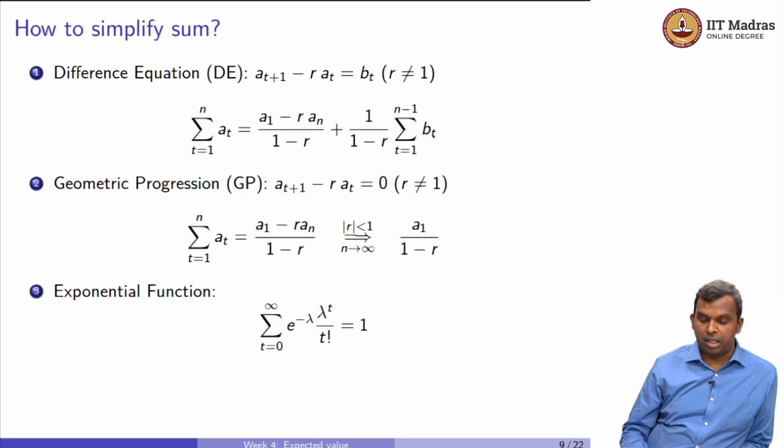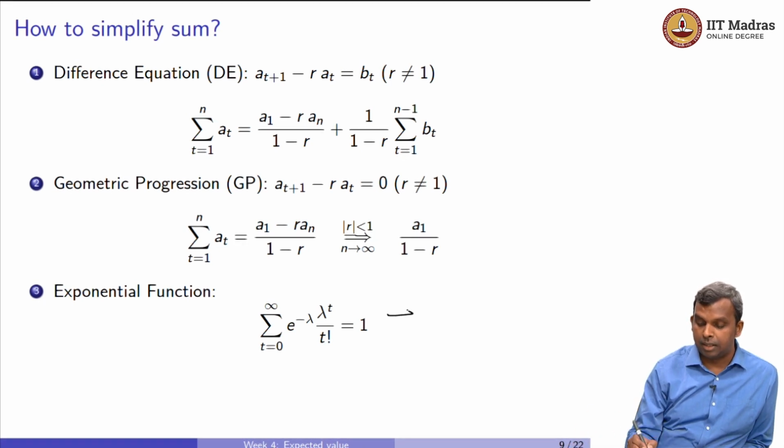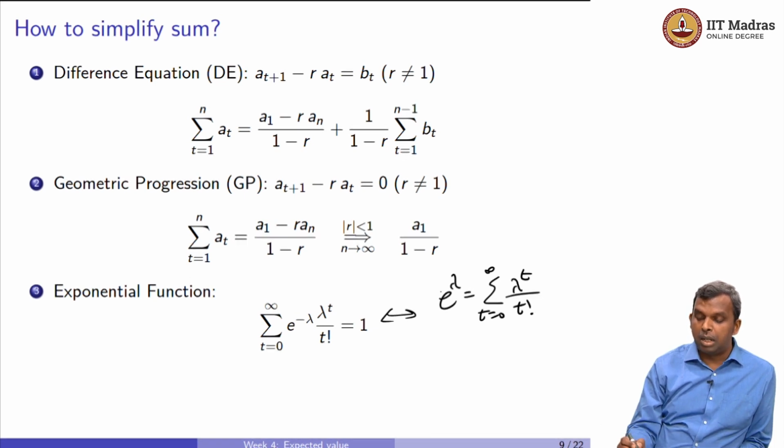That's geometric progression. You also have the exponential function. This is a useful function to know. It is the same as e to the power lambda equals the summation t equals 0 to infinity of lambda to the power t by t factorial. You multiply both sides by e to the power minus lambda, you get this equation.